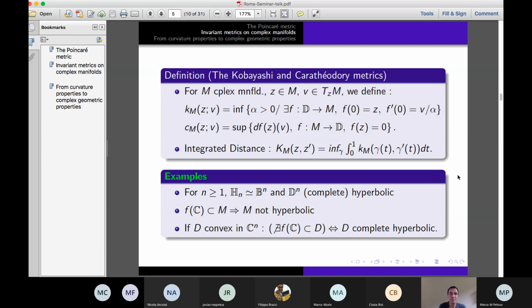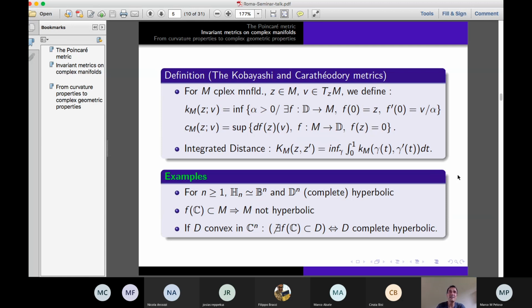Some examples. The first example is the unit ball. On the unit ball, the Kobayashi and the Carathéodory metrics are equal. And they are direct generalizations of the Poincaré metric in the disk.